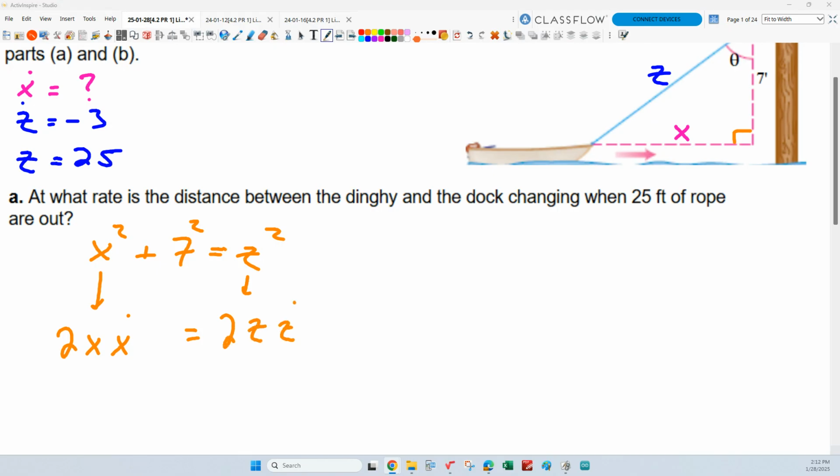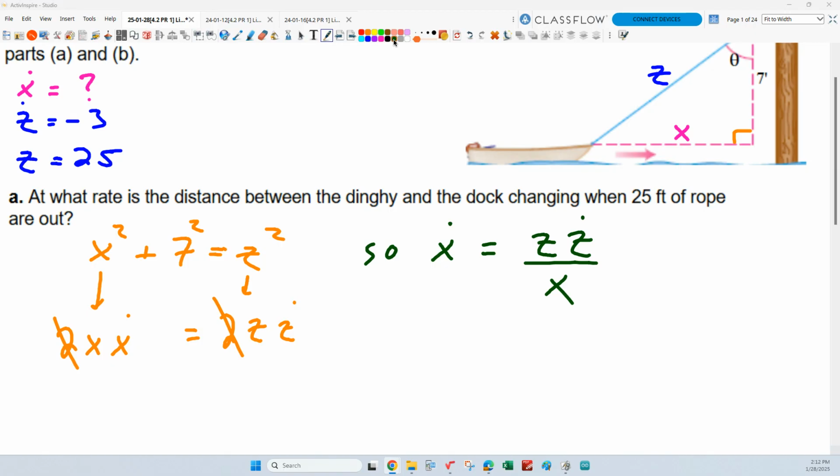What can we do to simplify? Divide by 2. Okay. So we're trying to solve for x dot. So what is x dot equal to? Okay, good. So x dot equals z dot over x.